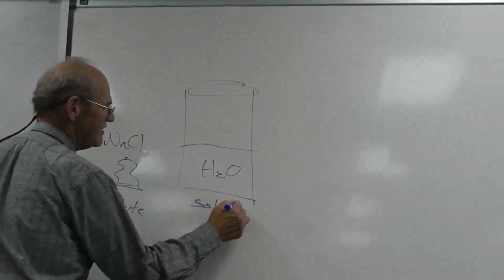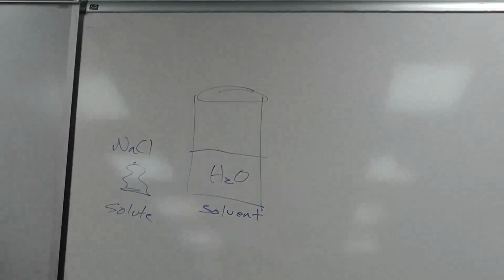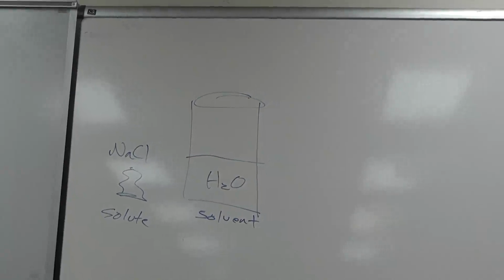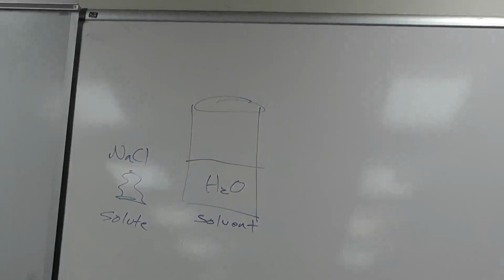So this is the solute. It's the stuff that dissolves. And what you put it into, the water in this case, is the solvent. The solvent is usually in a higher percentage.